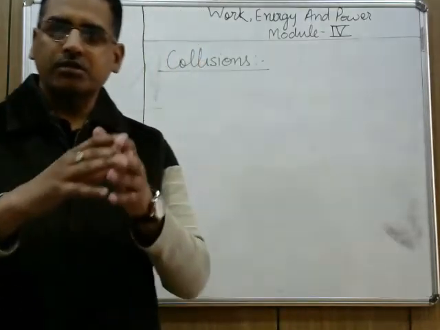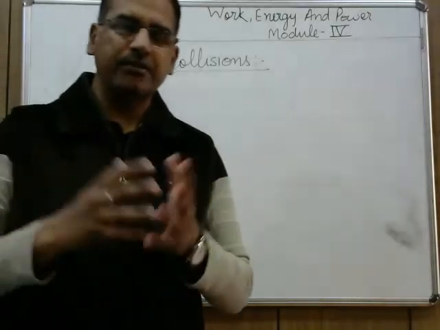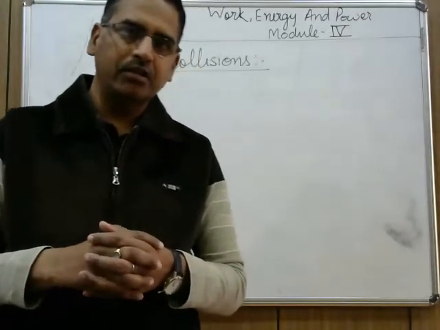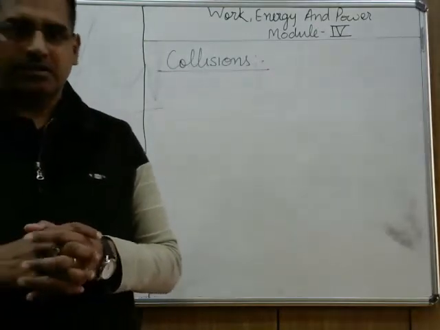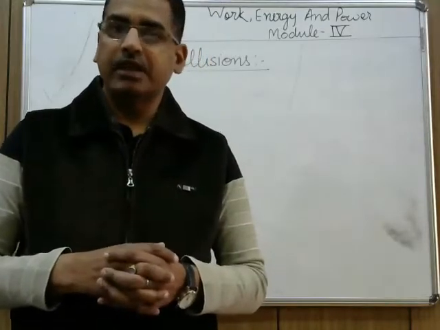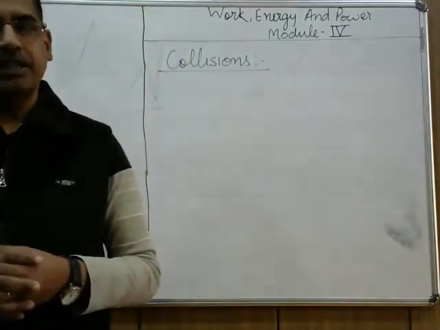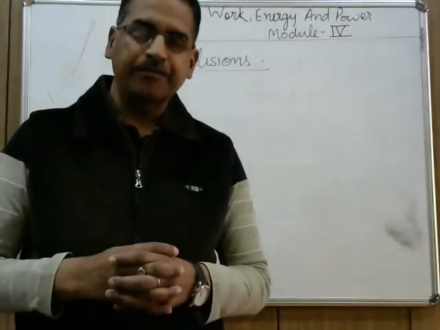Since most part of the atom is hollow, so maximum particles went on without any deviation, but those who were moving towards the nucleus, closely to the nucleus, they were repelled by the positive charge of the nucleus, because alpha particles are positively charged particles and nucleus is also positively charged.